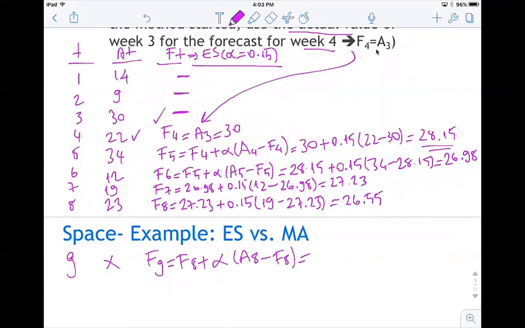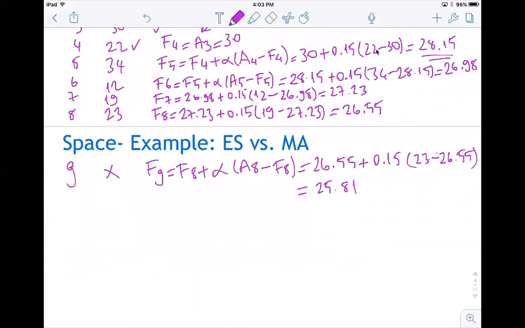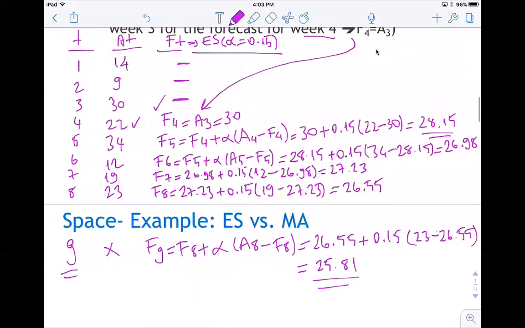So if you plug in the numbers, with the actual value of 23, this number equals 25.81. So my forecast for week 9 is equal to 25.81.